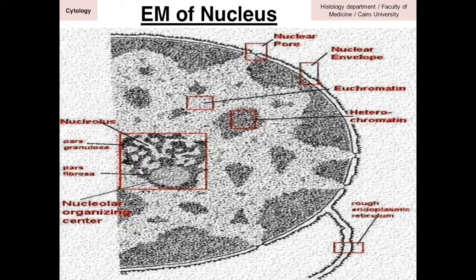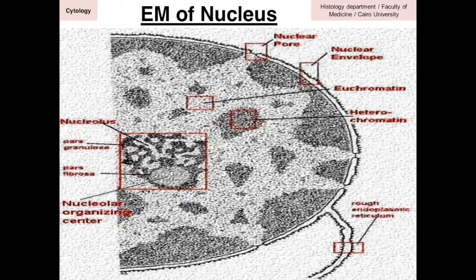Don't forget that the outer nuclear membrane is characterized by being granular, and the inner is characterized by being fibrous. Also very important to remember that here we have an intermediate filament related to the inner nuclear envelope and responsible for its support. This is called lamins.